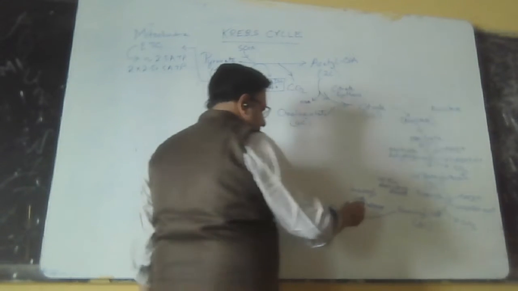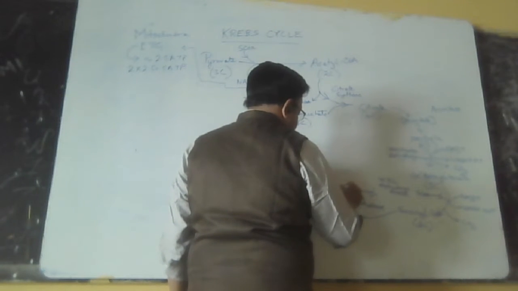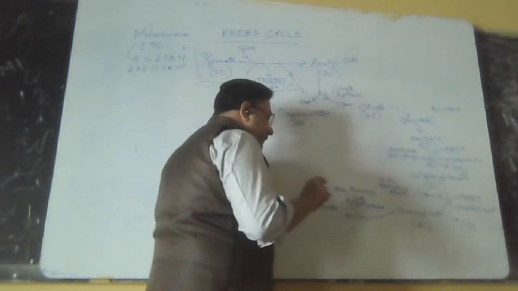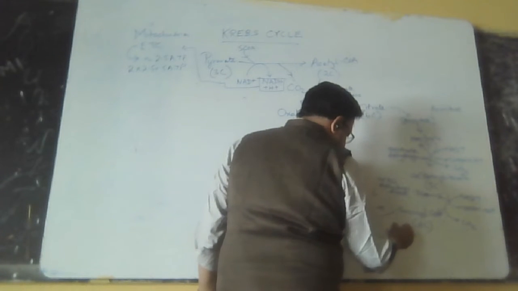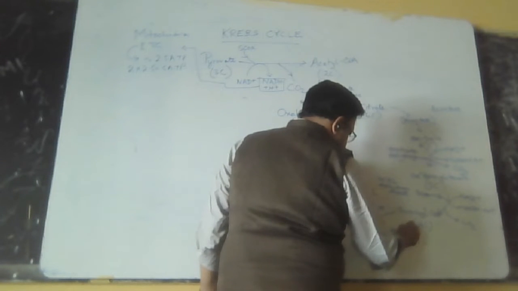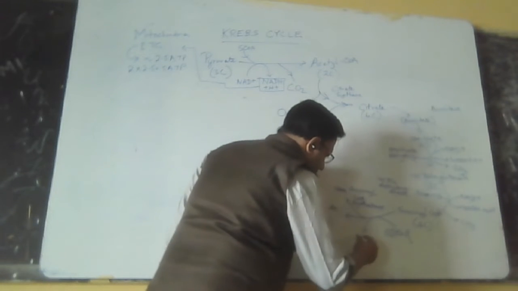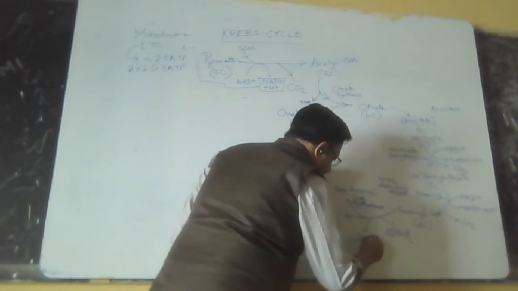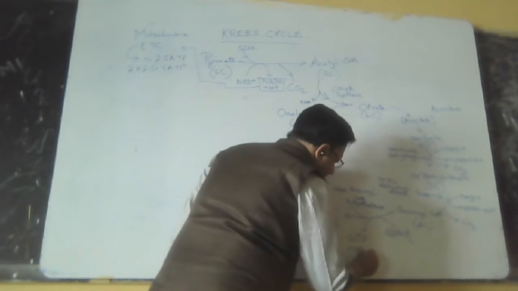In this process, this HSCoA is again released, and this energy is utilized, GDP plus Pi, it forms one molecule of GTP. This is equivalent to one molecule of ATP, the energy.